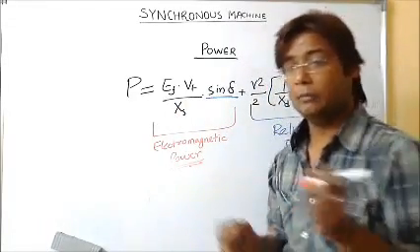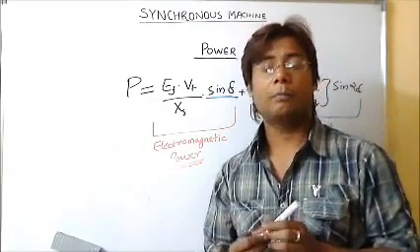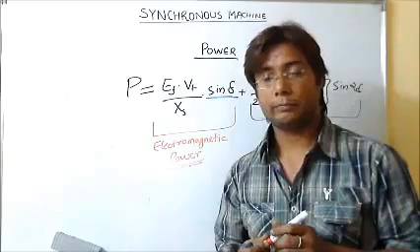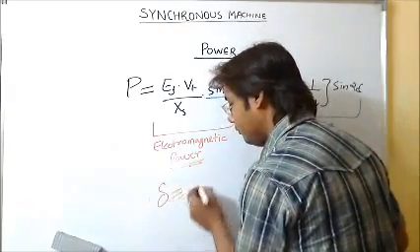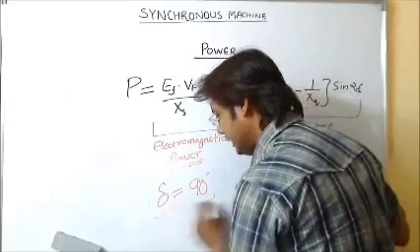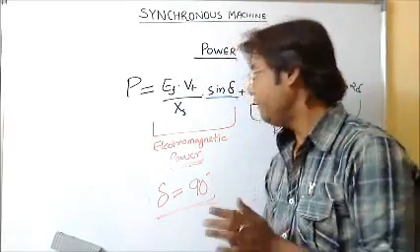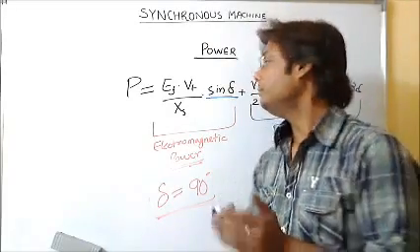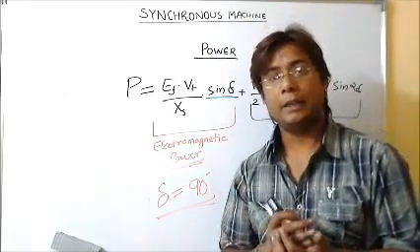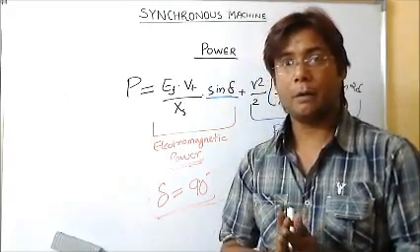So we can have the maximum condition for power in case of electromagnetic power such that delta is equal to 90 degrees. So if delta is equal to 90 degrees, we will get the maximum electromagnetic power. But when delta is 90 degrees, we will get 0 synchronizing power.